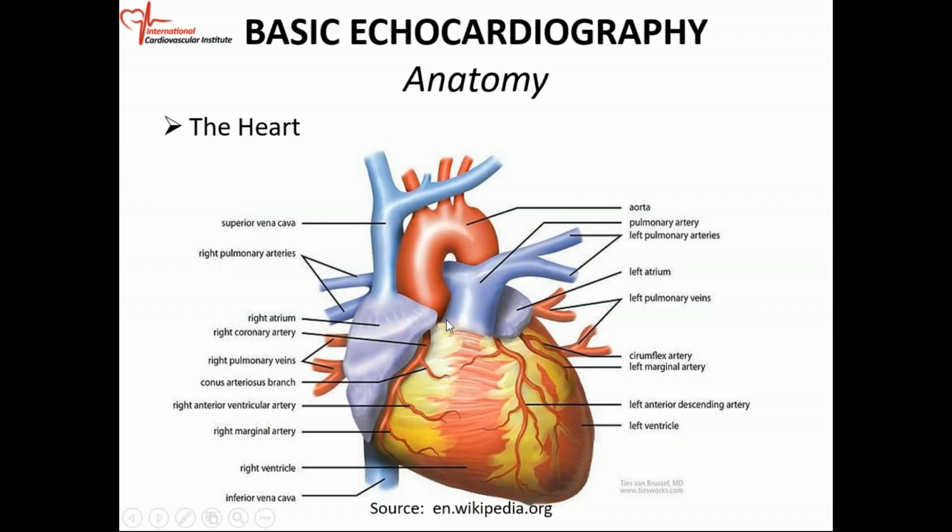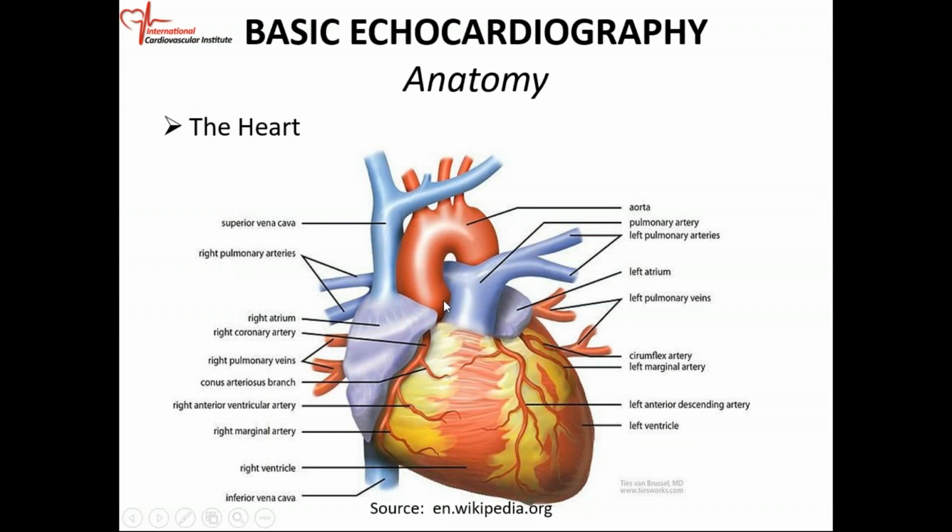Where the aorta comes out of the heart, you have what we call the sinuses of Valsalva. These sinuses of Valsalva give off the blood vessels which line the surface of the heart. On the right side, the right sinus gives off the right coronary artery, which curves on the right side of the heart.